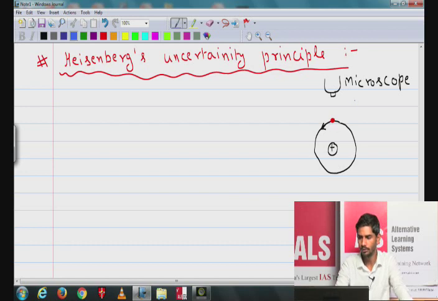To watch this electron, we have given some light to it, which has energy E. What will happen? As the electron gains some energy, it will move faster. It will change its path and it might move in this direction. This is the incident light that will reach our eyes, this is your reflected light.